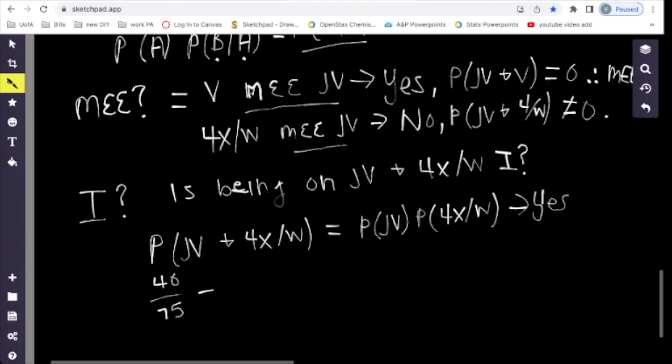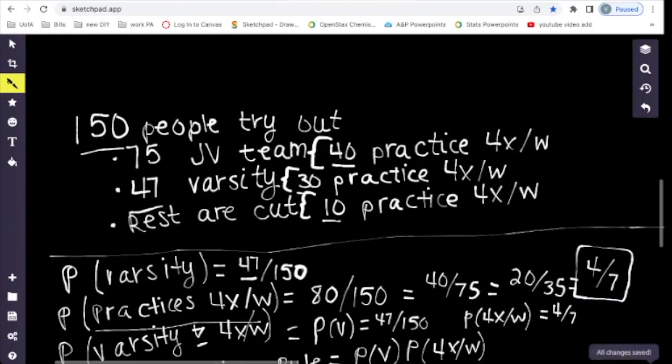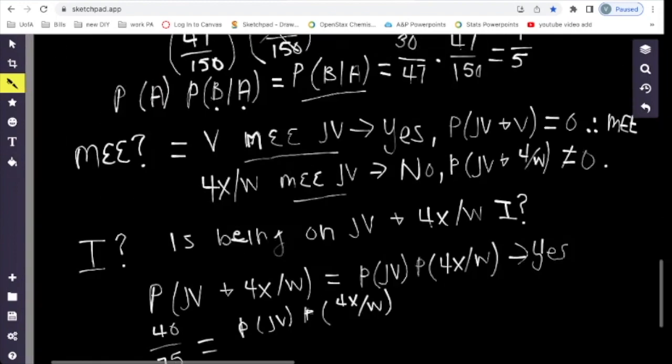Is this equal to the probability of them being on JV times the probability of practicing 4 times per week? The probability of them being on JV was 75 out of 150.